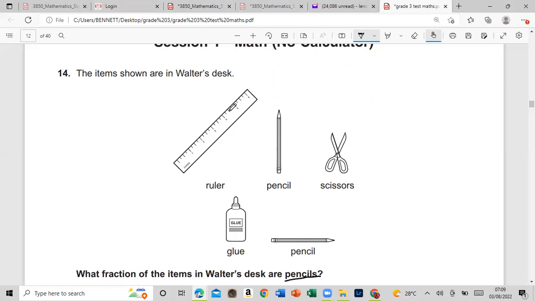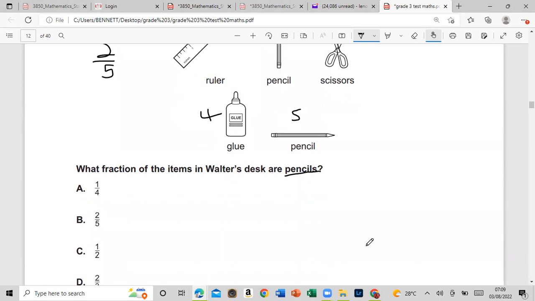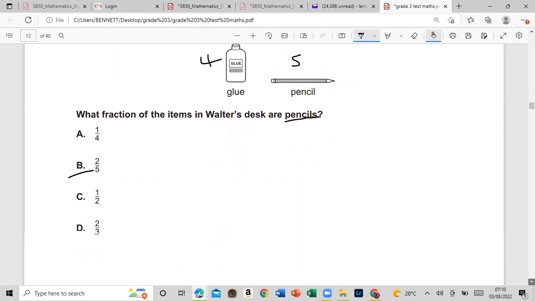So let's see how many items there are. 1, 2, 3, 4, 5. So pencils represent 2, so it's 2 out of 5. As I said, this question is a bit faulty, but I know what they're trying to say, right? In order for it to be a fraction, each value must be the same. Now, a pencil and a glue is not the same thing. But we get the general idea.